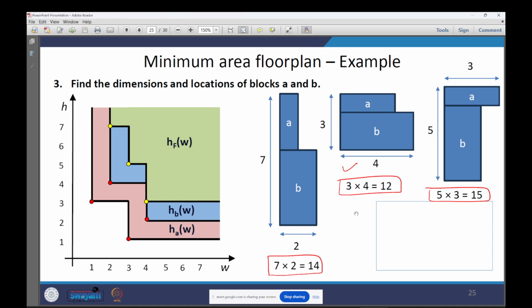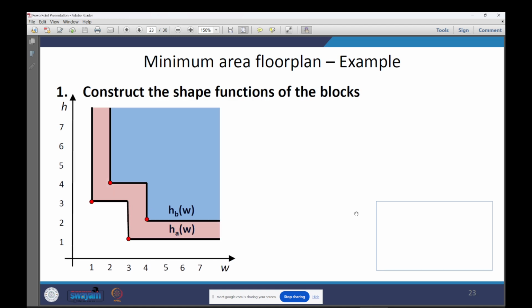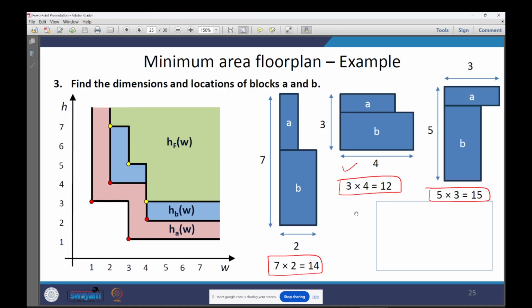But we don't consider 3 plus 2 as part of the shape function. I didn't understand that. 3 plus 2 is not considered in the shape function of the overall block. Okay. It will not be 3 plus 2, it will be 3 plus 5 into 4, no?